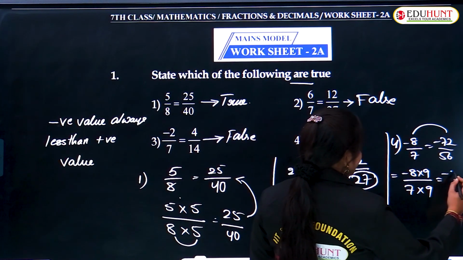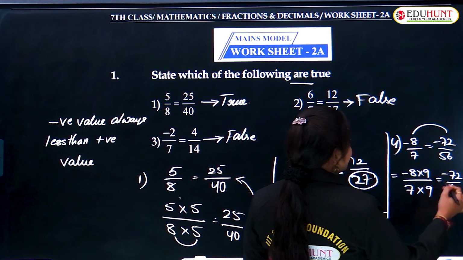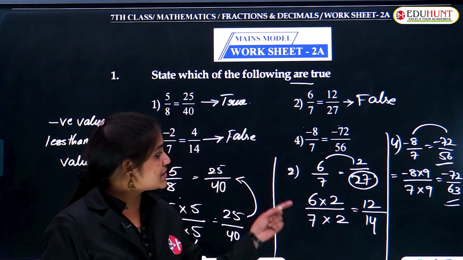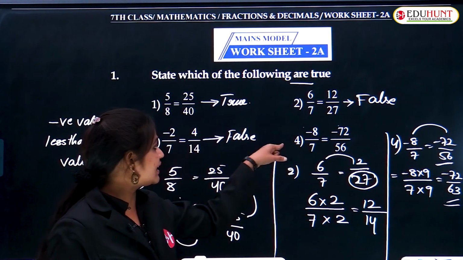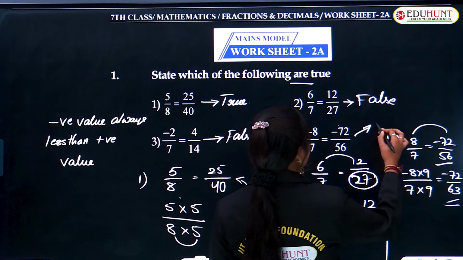By the same number we multiplied the numerator, we should multiply the denominator. 9 eights are 72, so minus 72, and 7 nines are 63. But here they gave 56. The actual answer is minus 72 by 63, but they gave minus 72 by 56. That's why this is wrong.